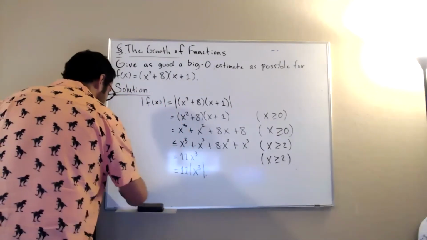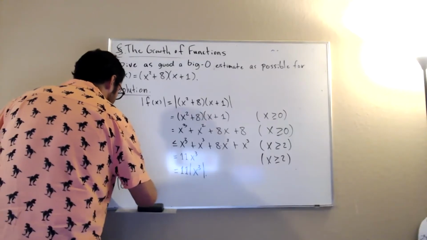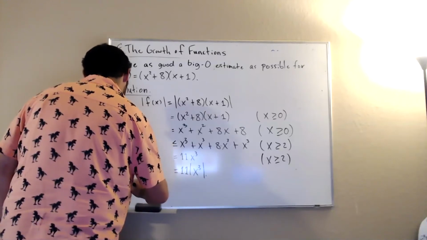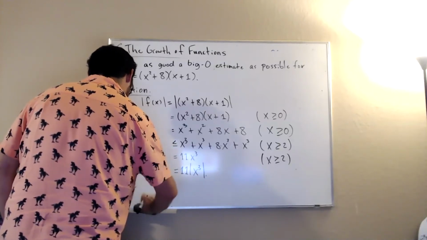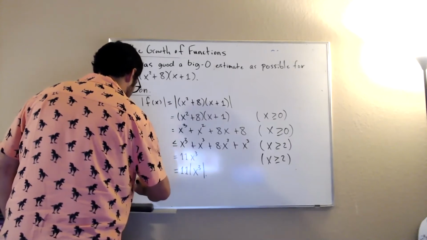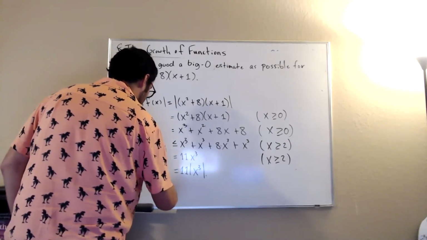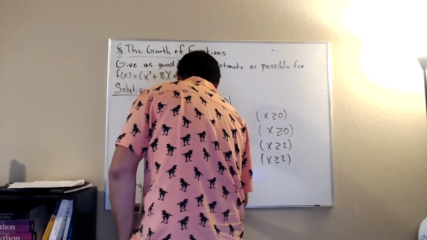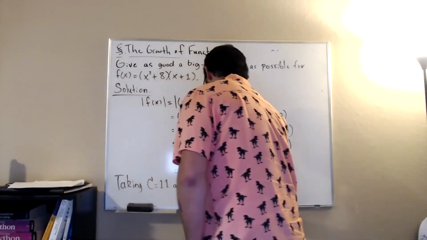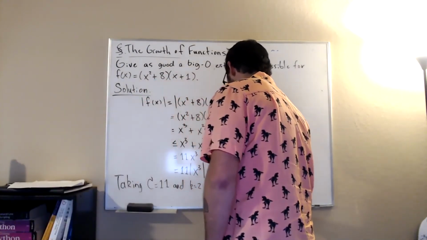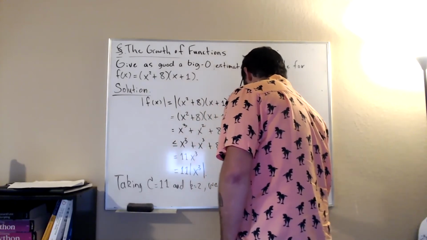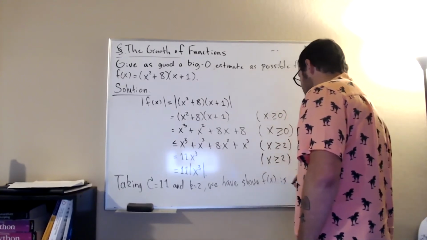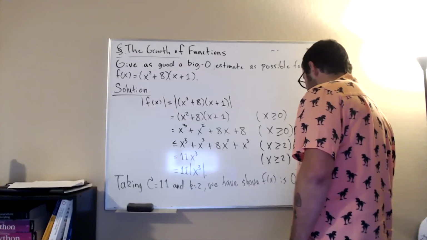So now we'll just finish this by taking c equal to 11 and k equal to 2. We have shown f of x is big O of x cubed.